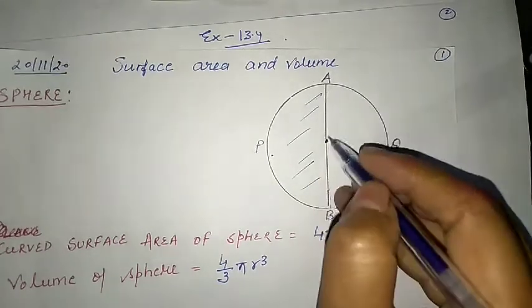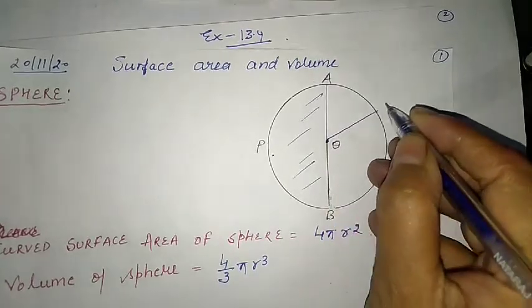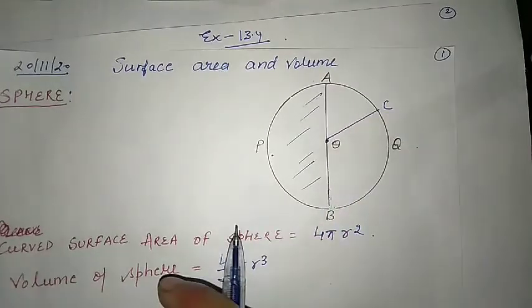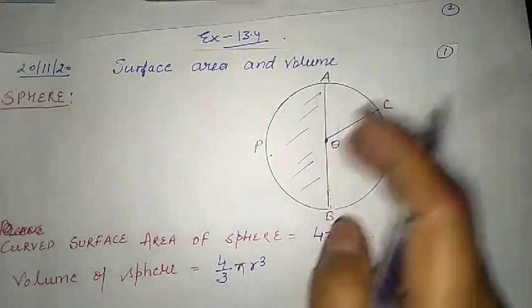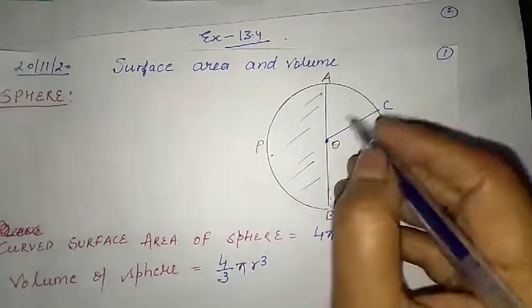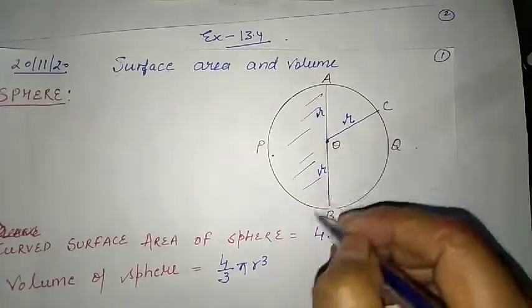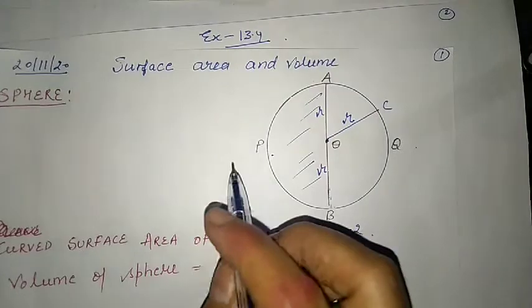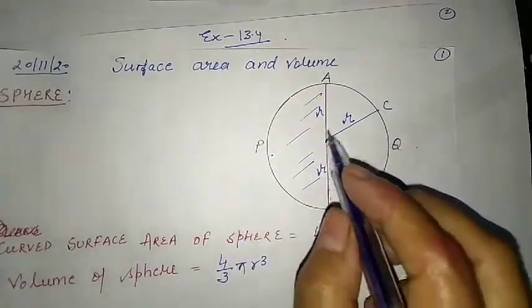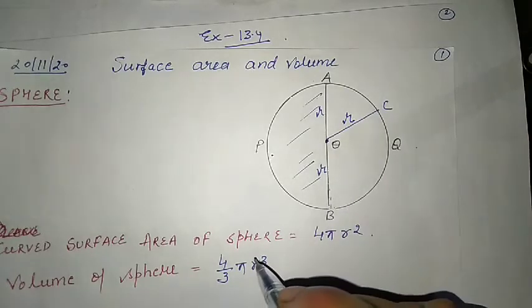Just like OA, OB, we can take any other point like C. All these points are at equal distance from the center, and this distance is known as the radius. If we take this as r, this is also r. So in the figure, OA is the radius, OB is the radius, and OC is the radius.